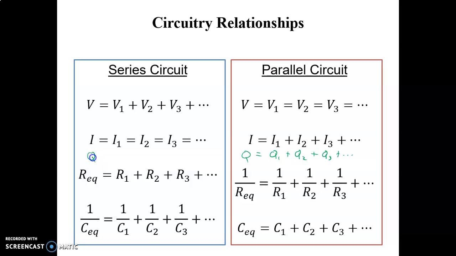And that goes over here as well. When you have resistors in parallel, you use the inverse property: 1 over each resistor, add them all up, that is equal to 1 over your equivalent resistance. But for capacitors, you just merely add them up.